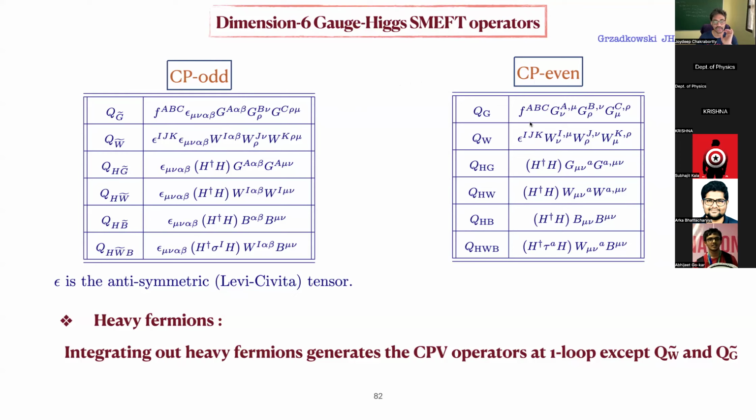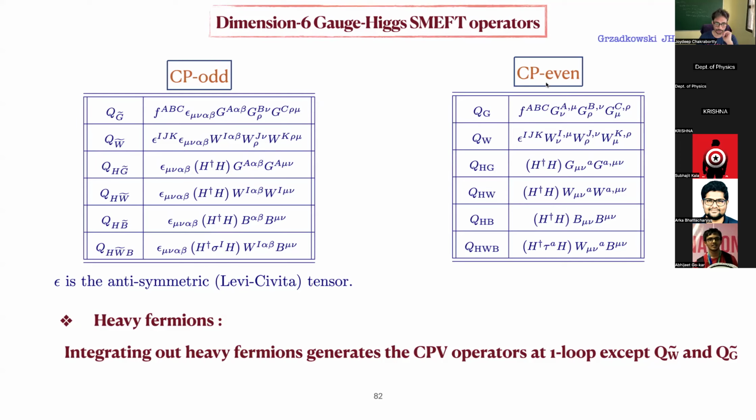So the statement is the following. Statement 1: from a UV theory you can generate CP conserving, or CP even, operators without generating CP violating operators. Statement 2: you cannot generate CP violating operators without generating the CP conserving operators.